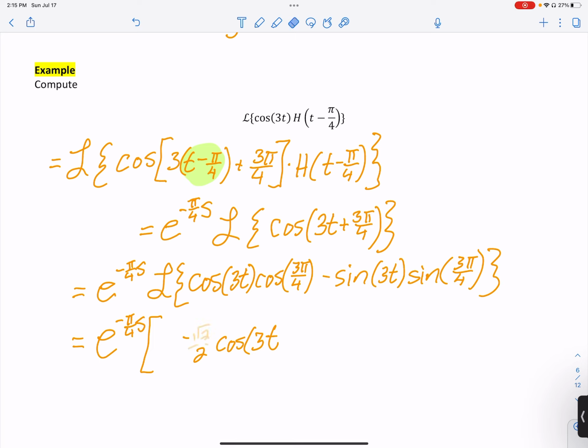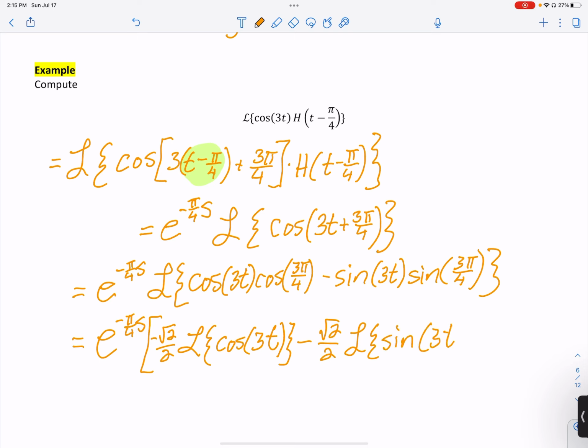Okay, so I'm taking out negative rad 2 over 2 because it's a constant, and then I'm going to take the Laplace of what's left. Minus, okay, this is also radical 2 over 2, but a positive, but that minus will make that. And then I have the Laplace of sine 3t.